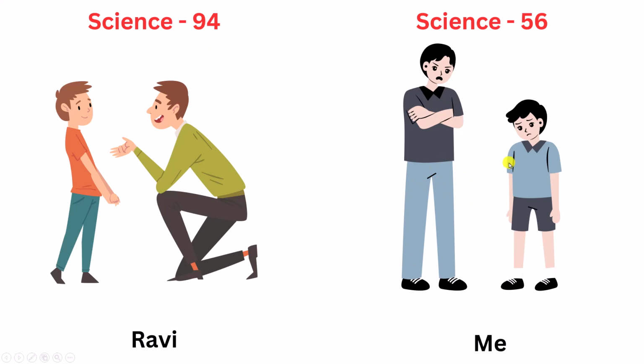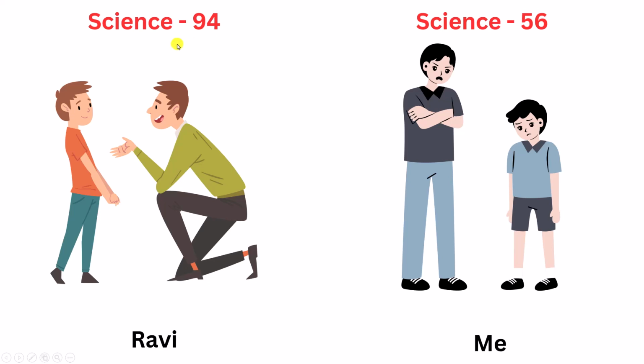Basically what my father is doing is comparing my marks with Ravi's marks. Why? Because Ravi's mark is good. It is very good in fact. And that is why he is comparing my marks with Ravi's mark.